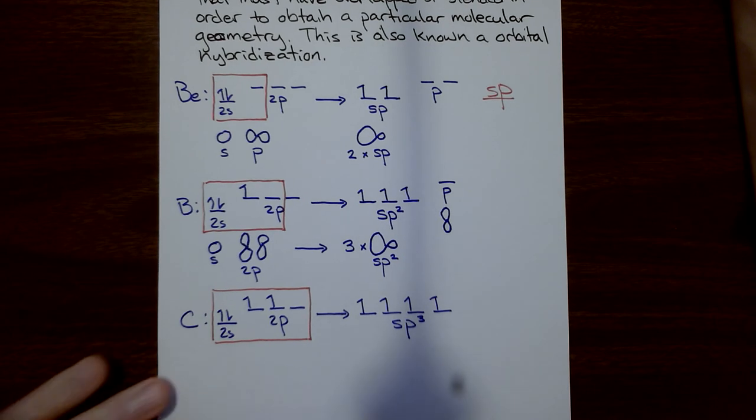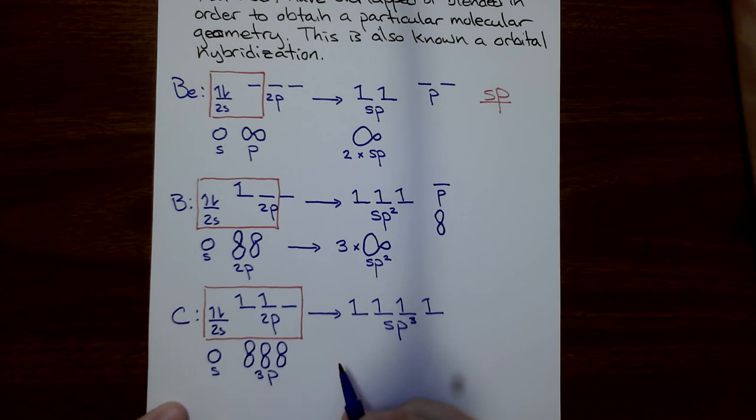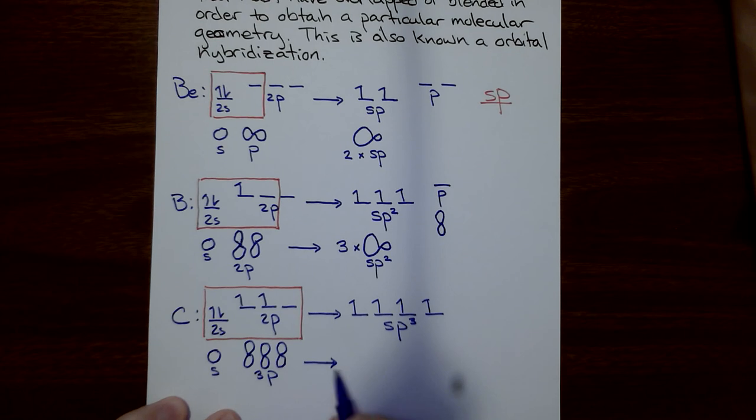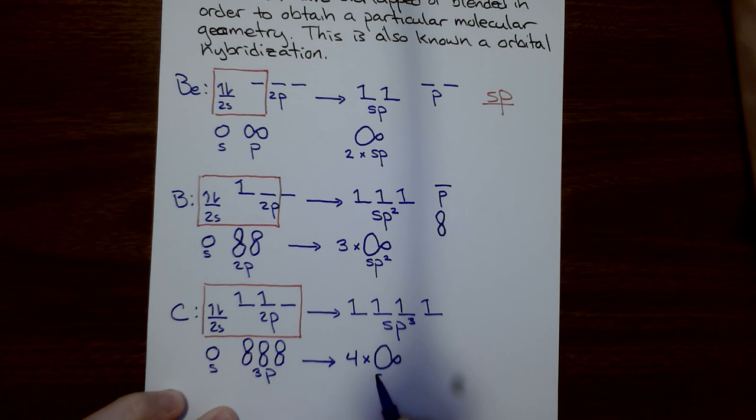So we're taking an s, and then we're taking all 3 of the p's. I know they're in different orientations, but I'm not going to worry about drawing them in different orientations. We blend them together to make 4 of this blended orbital, which is called an sp3 orbital.